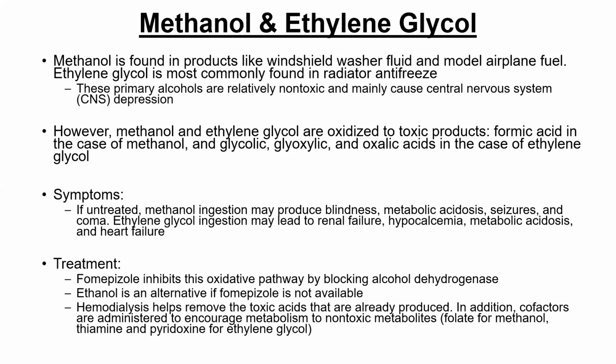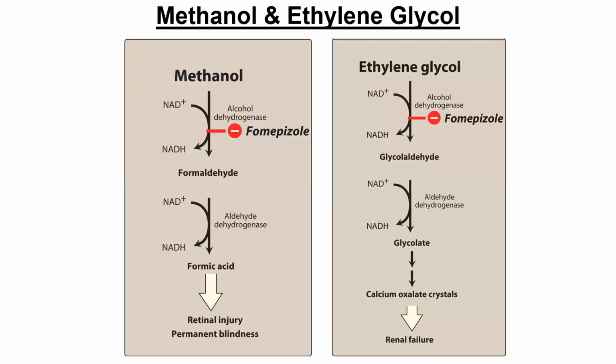In case you don't have fomepizole, what you can use is regular ethanol to treat methanol and ethylene glycol toxicity. Let me go back to the previous slide. Suppose you don't have fomepizole, how could you use ethanol to prevent the toxicity of either methanol or ethylene glycol? How do you think that works? Does anyone have any thoughts on that?